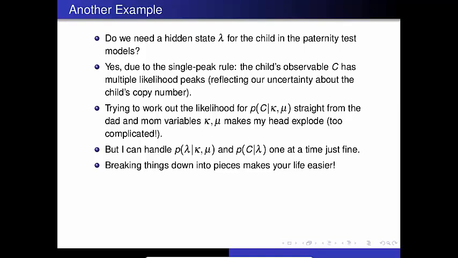Let's see. We can apply this same kind of thinking to the hidden state variable just for the child. This gets back to what I told you a few days ago about the single peak rule: the likelihood for our observable C has multiple peaks, and each one of those peaks reflects a different value of lambda.